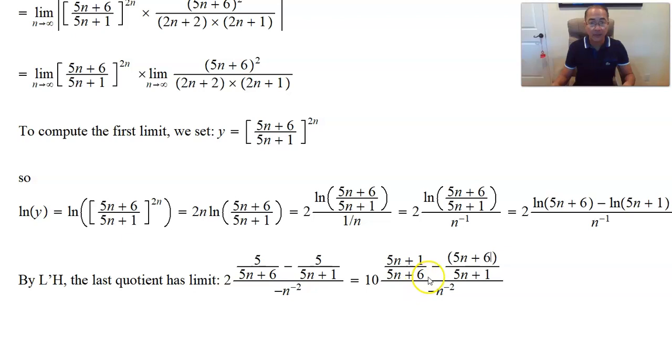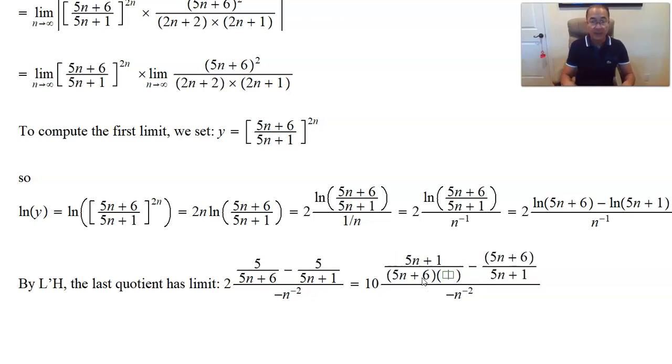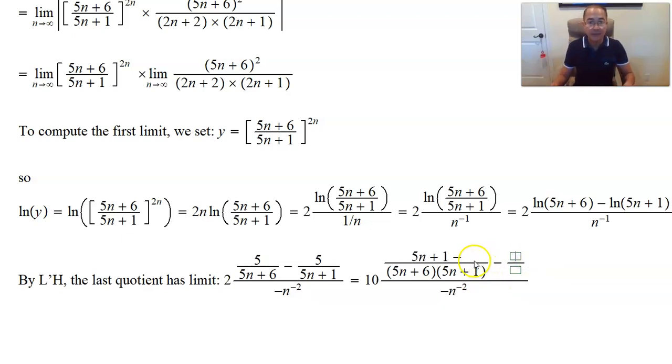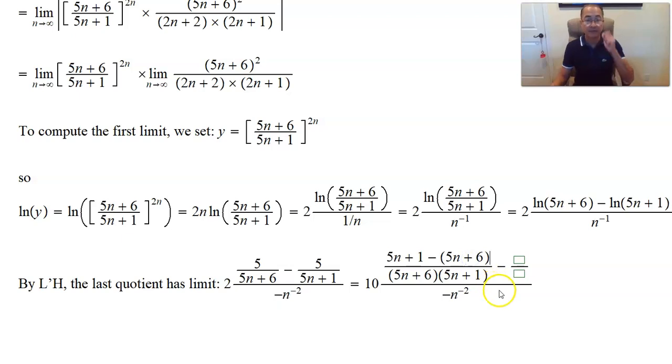And we are going to have a common denominator. So here's what we're going to do. We'll put parentheses here and another pair there. And we're going to put 5n plus 1 here. And we'll put the minus quantity 5n plus 6 to the right of 5n plus 1. Okay? Review.